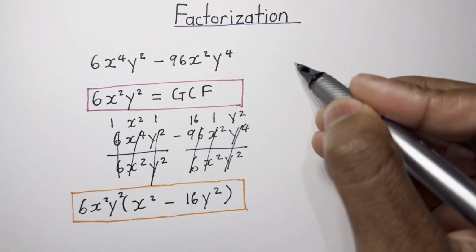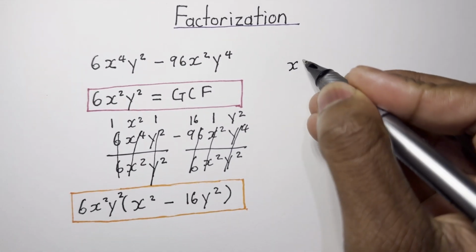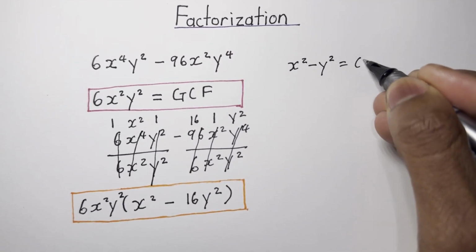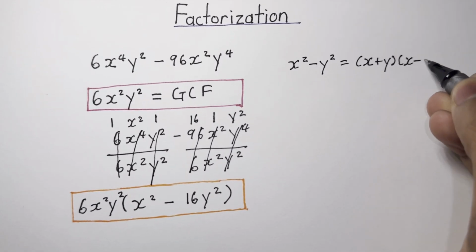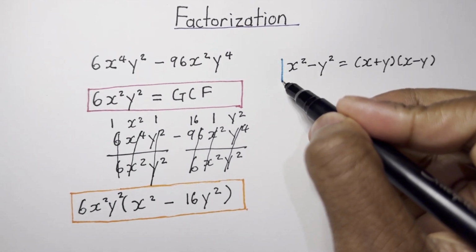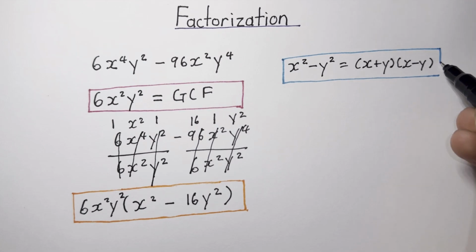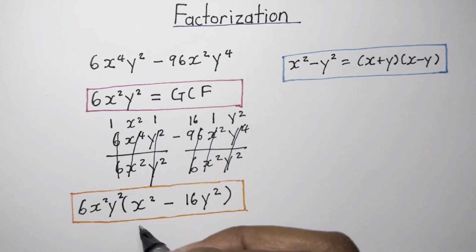Let's recall the difference of two squares formula. Now here, our x squared term is x squared.